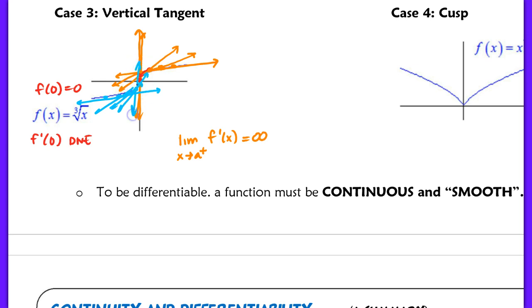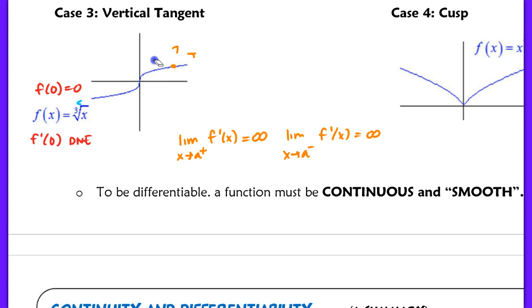So the closer we get to 0, the more steep they get, and then once we get so close to 0, we end up getting an undefined slope. So the limit as x approaches a from the left of your derivative here is also infinity. Now when that happens, that means you get a vertical tangent.